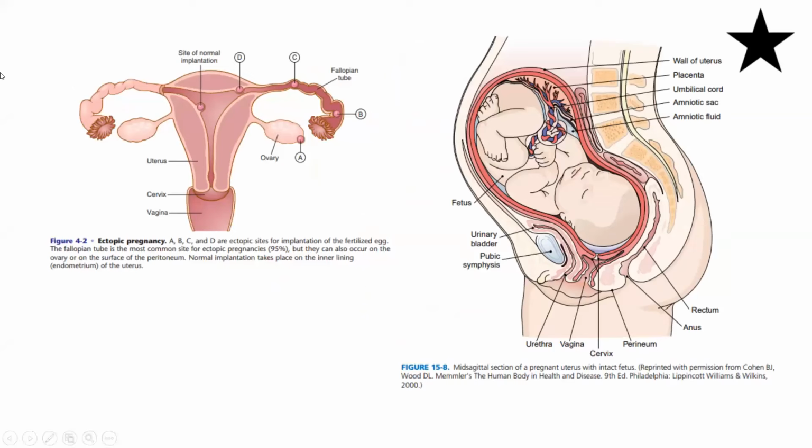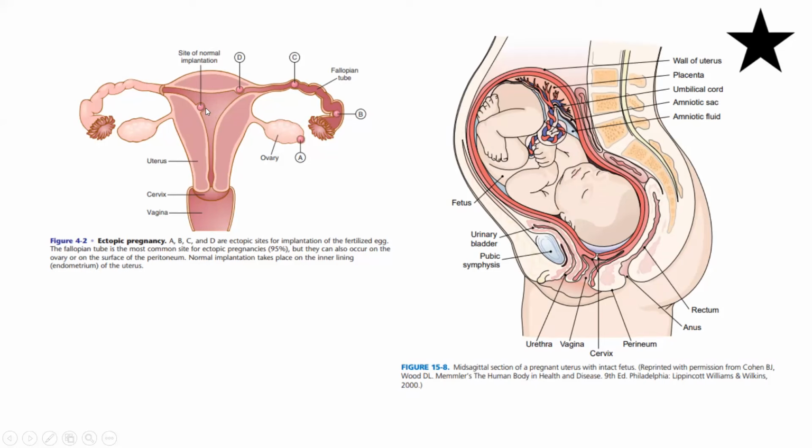So this is the picture which shows you the normal site. This is the zygote coming from here. This was fertilized, then it traveled. It came over here and it attached over here in the uterine wall. Then we will develop as a child, then be born out through the birth canal.